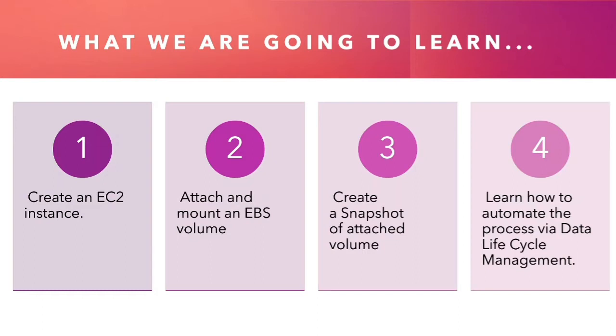After that, we will be creating a snapshot and visualizing that, and after that we will be automating the process of creating these snapshots via Data Lifecycle Manager available in AWS. So without wasting time, let us go to our AWS Management Console and see how we can take these EBS volume snapshots as well as how we can automate this process.